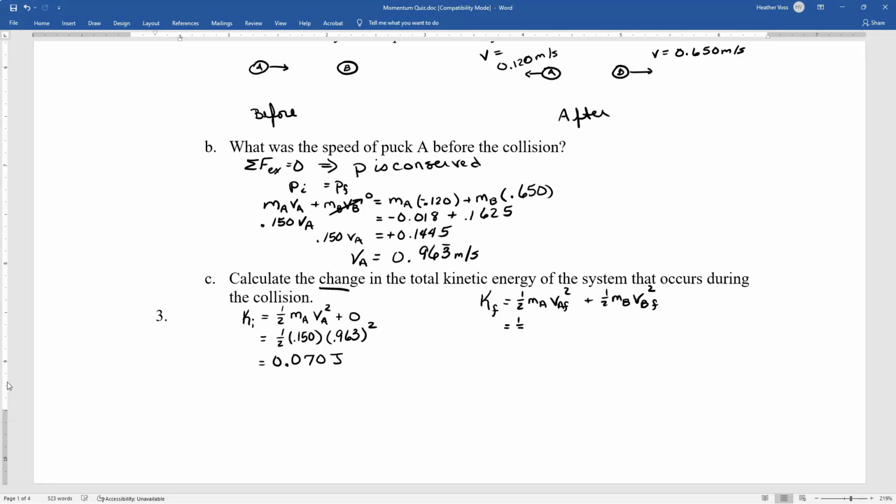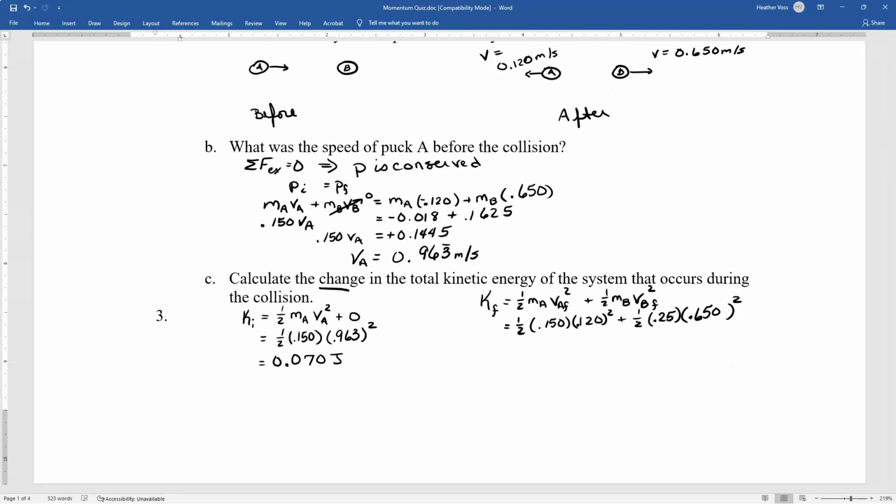So this is going to be 1/2 the mass of A, 0.150, velocity of A, the magnitude, because the sign isn't going to matter, it's squared, 0.120. And we're going to have 1/2 the mass of B, 0.250, the velocity of B is 0.650. We're going to square that.